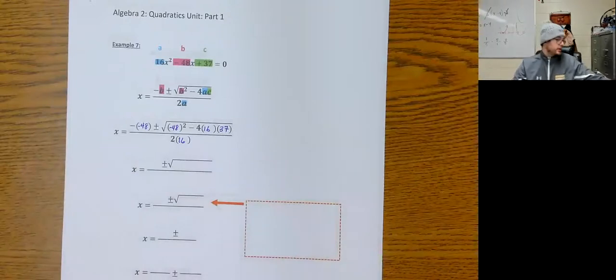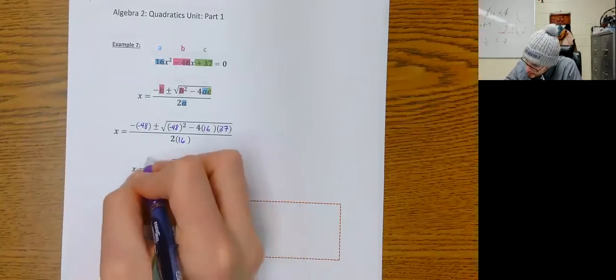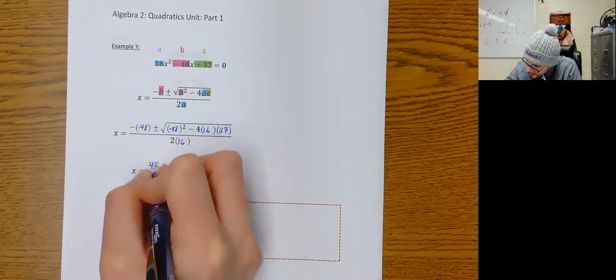So calculator. What do we got? We got 48 times 48. Well, double negative is positive, so I got 48 out here.